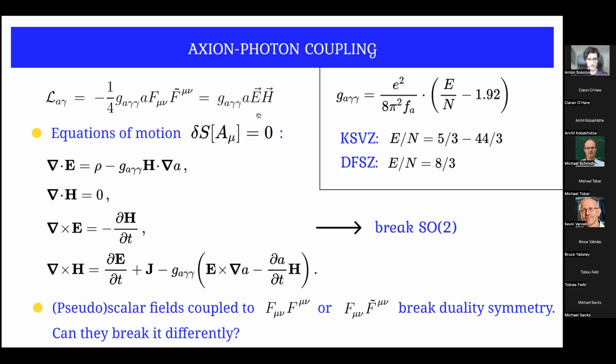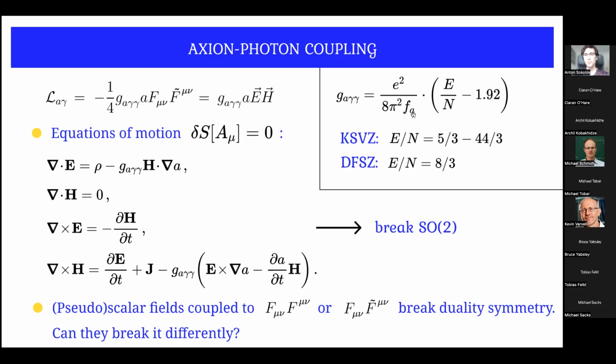So the question we asked is whether this breaking can occur in some other way. Can the axion break electric-magnetic symmetry in a different way? What is also interesting is that the coupling g_{a gamma gamma} is given by a known expression, proportional to the electric charge squared divided by the axion decay constant, so some high energy scale.